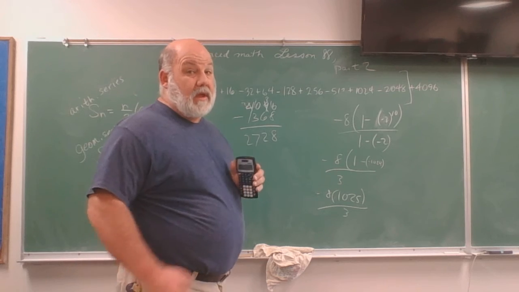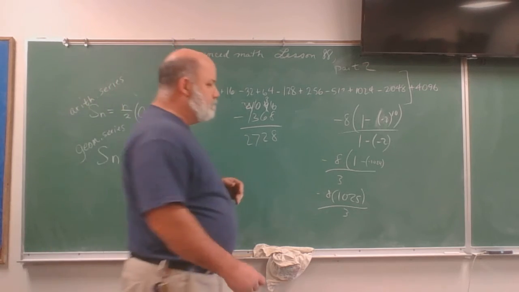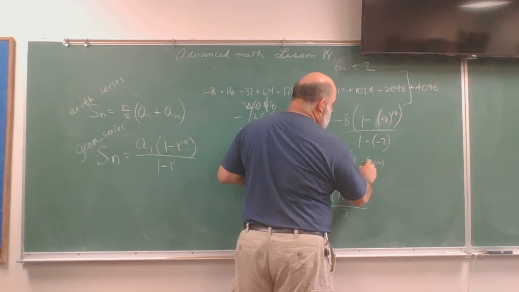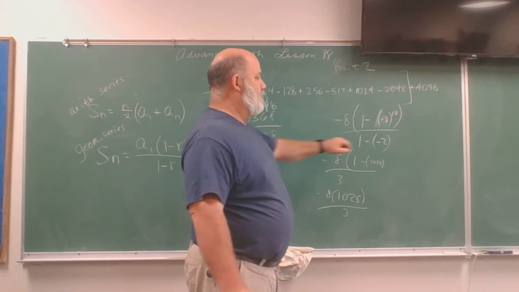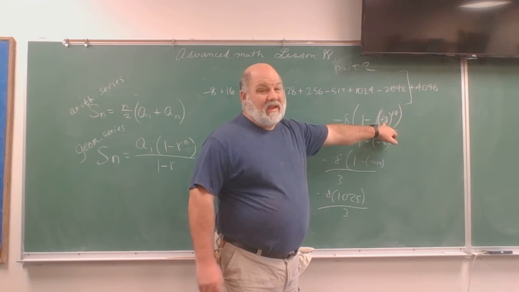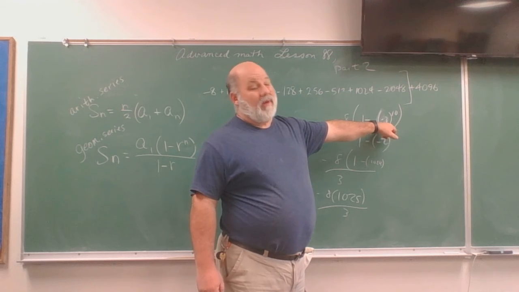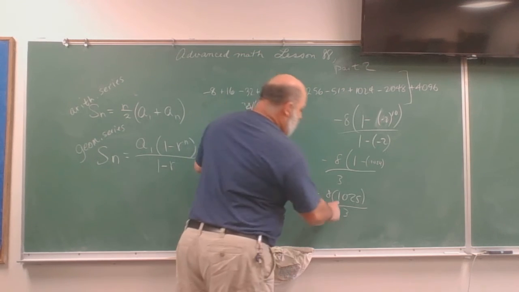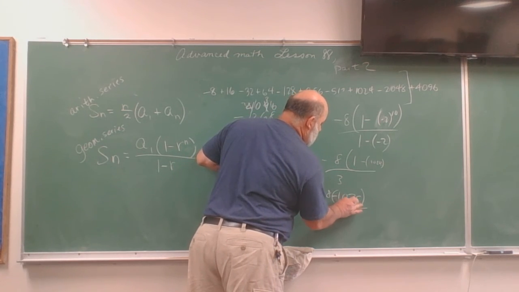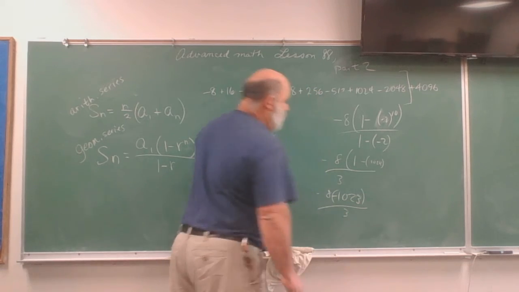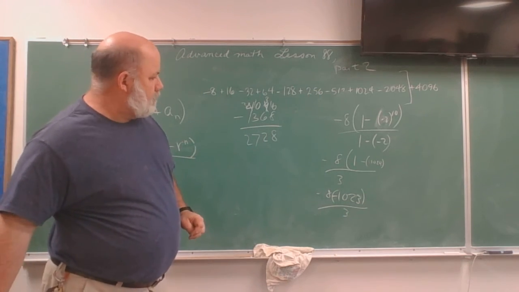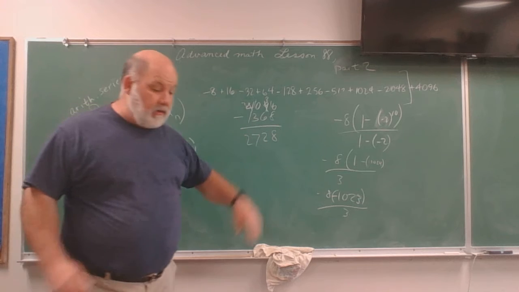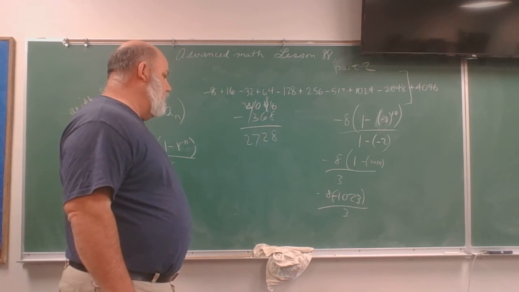Oh, anybody see my mistake? Positive. Negative 2 to the 10th power is a positive number. So this was negative 1,023. And there goes my calculator under the desk. So let's do that real quick.